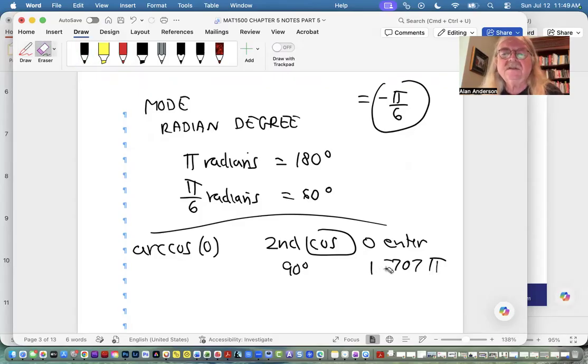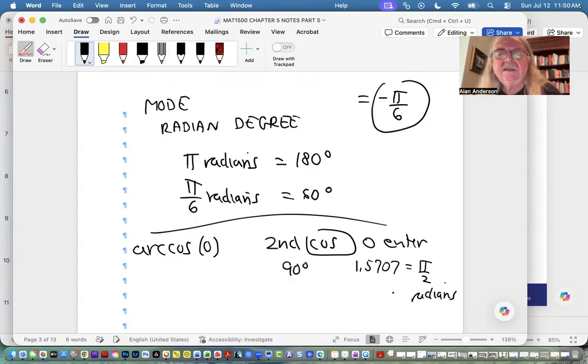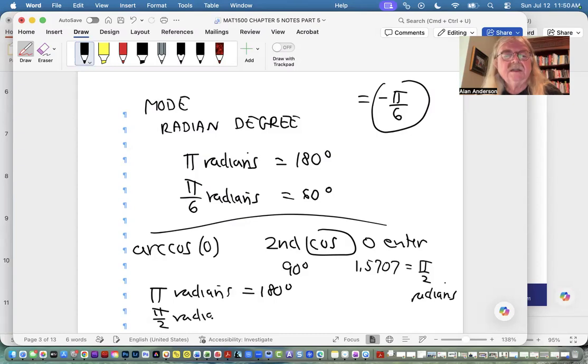So in other words, that's actually half of pi. And again, you can see why that would have to be the case because pi radians is 180. So therefore, pi over 2 is 90 degrees.